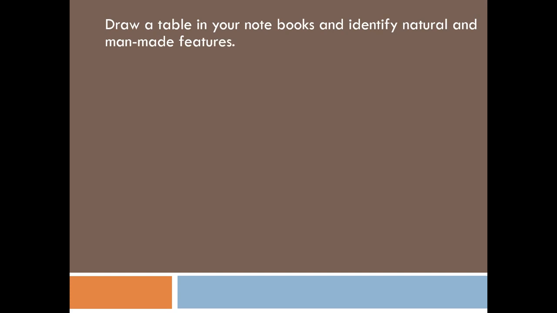So in our notebooks, I want you to draw a table, and that table has two columns. The first column will have natural features, and the second column will have man-made features. And relating to the photographs above, I want you to identify and write in your books what are the natural features.